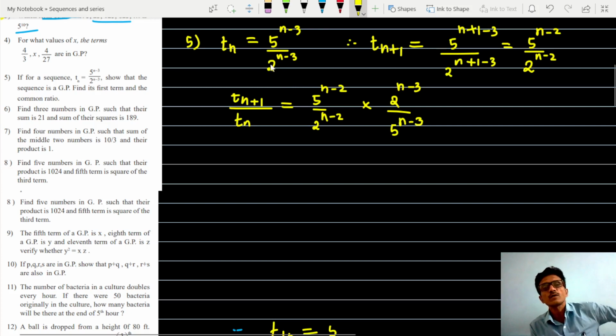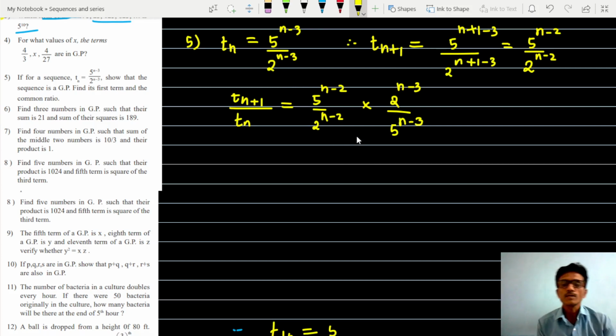What will be its reciprocal? 2 raised to power n minus 3 upon 5 raised to power n minus 3. Then this is equal to what? n minus 2 and this n minus 3, so this will be 5. 2 raised to power n minus 2 and 2 raised to power n minus 3, so this will be 2. Yes, this is what Tn plus 1 upon Tn.